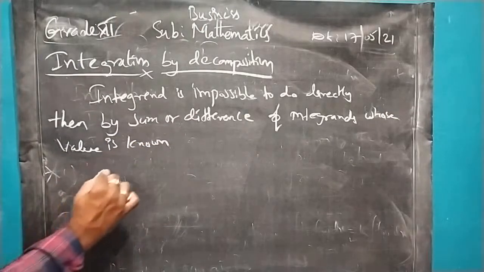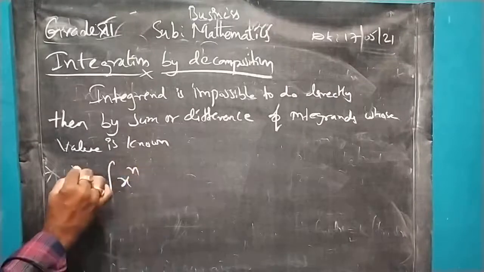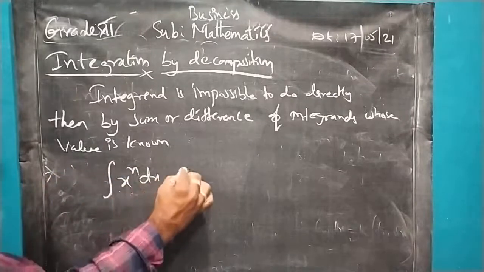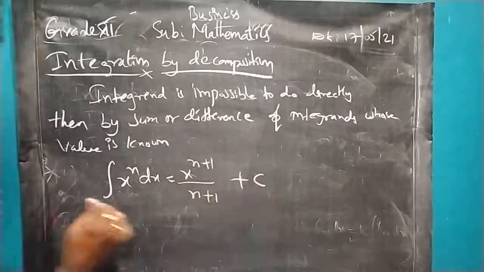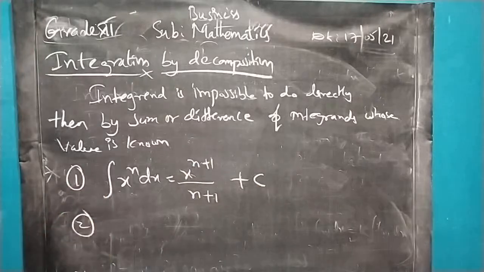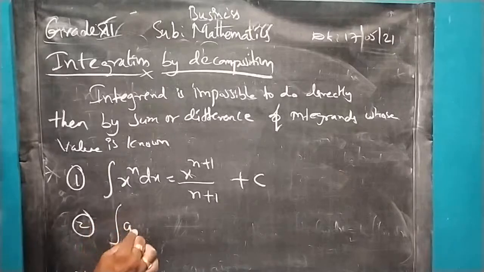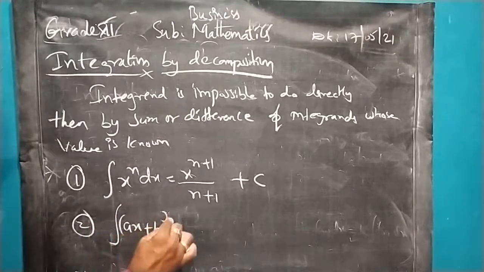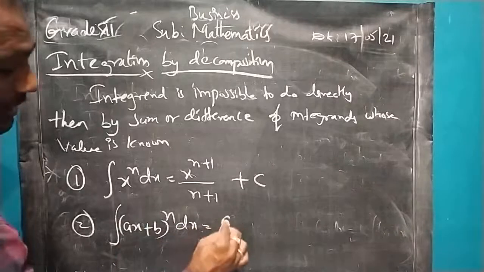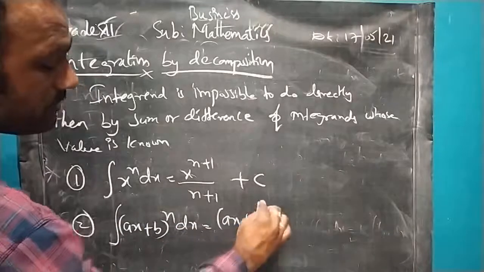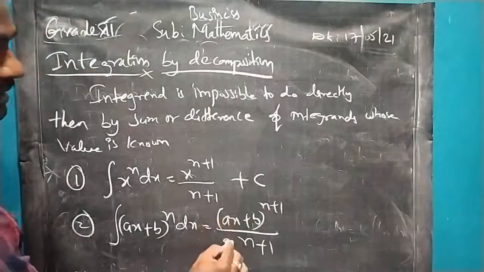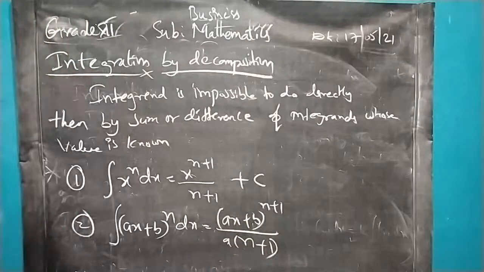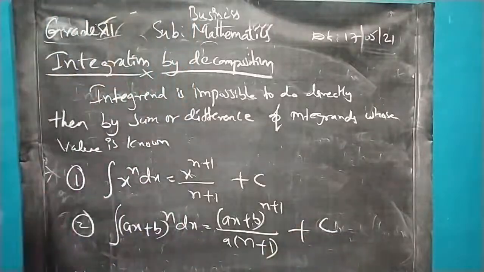The important formulas for this: first formula, integral x power n dx can be written as x to the power of n plus 1 by n plus 1 plus c. Second formula, integral of ax plus b whole to the power of n dx can be written as ax plus b whole to the power of n plus 1 by n plus 1, and since a is extra, a will come down, plus c, arbitrary constant.